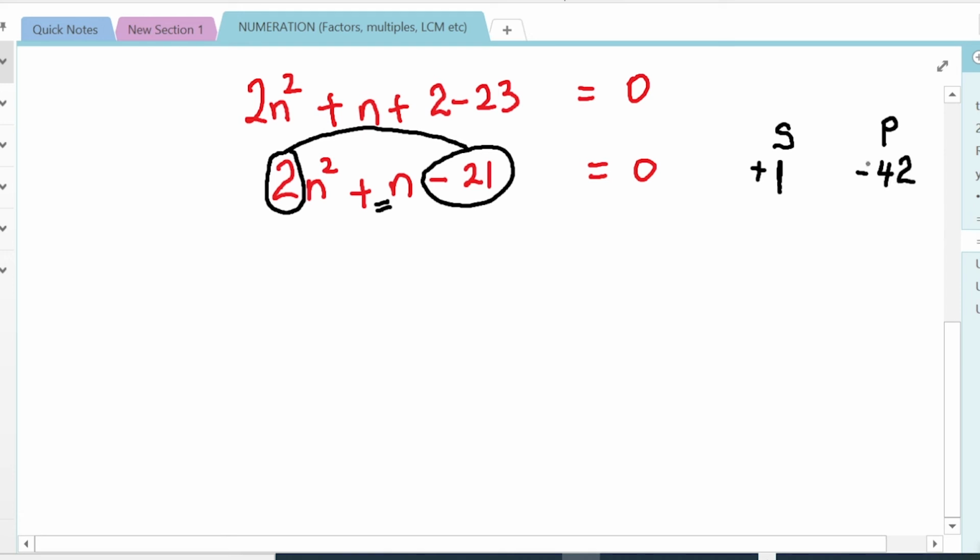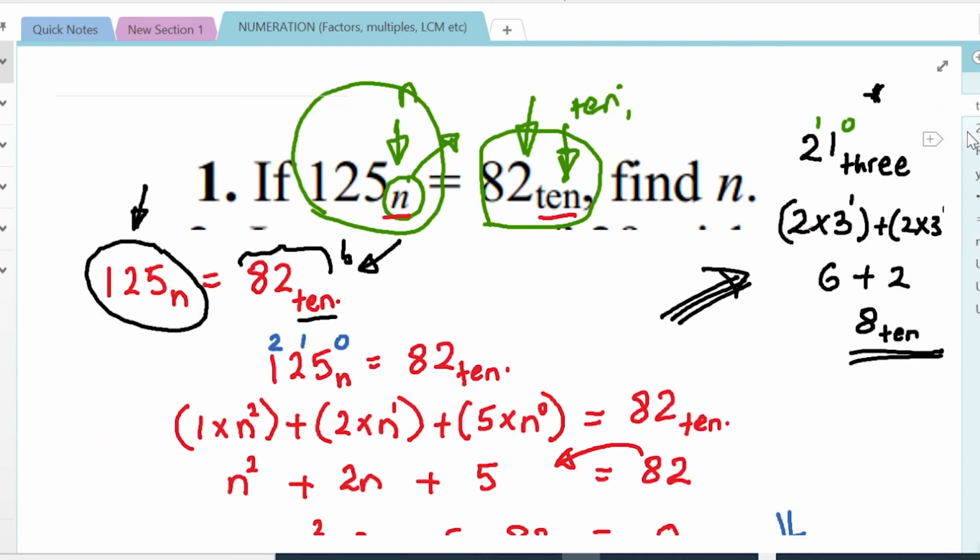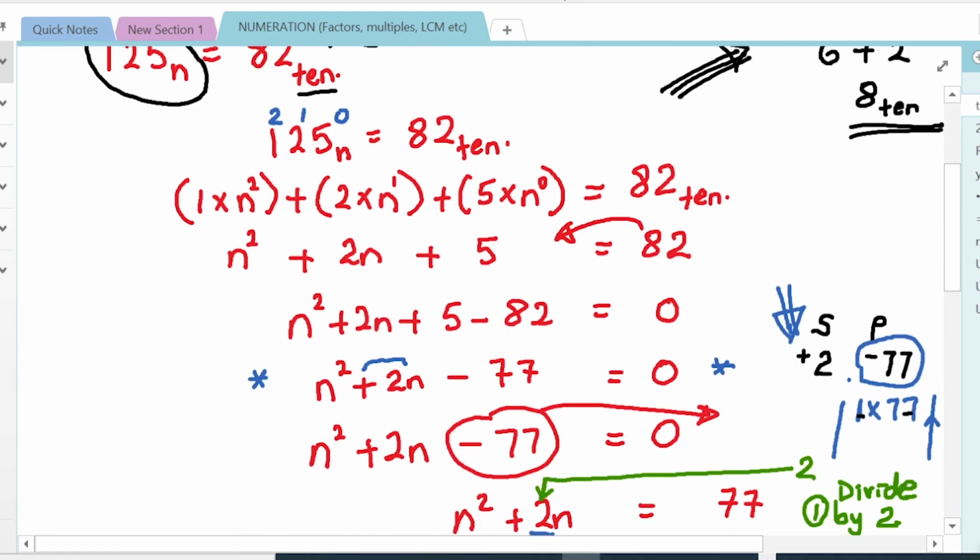Now you might be confused about how come we've done it differently here. Remember, in the first instance, it's the same thing, by the way. Let me get back to the first number.